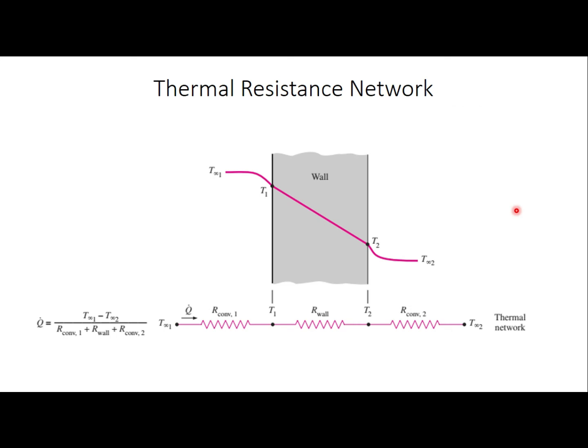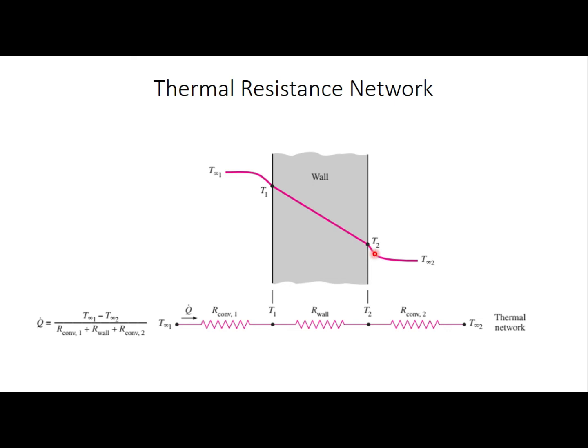So, thermal resistance network. Try to understand that we have this wall, right, and one side of the wall has a temperature T1 and the second side of the wall has temperature T2. On the left hand side, far away from the surface, we have a temperature T infinity 1, which is the highest temperature, and the left hand side wall temperature is T1, which is slightly less than T infinity 1.